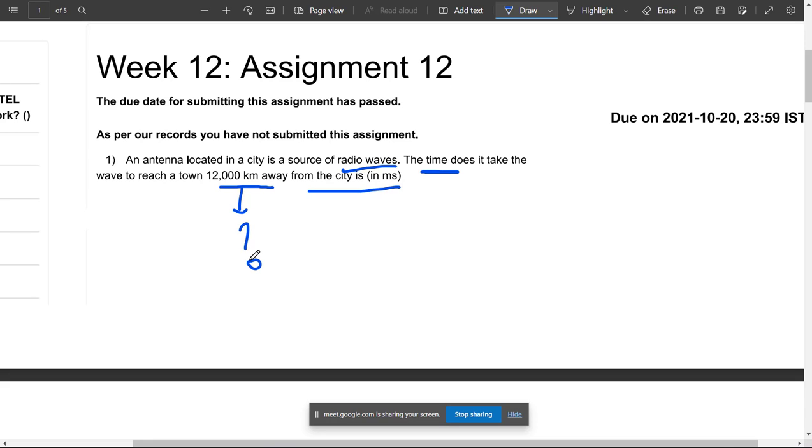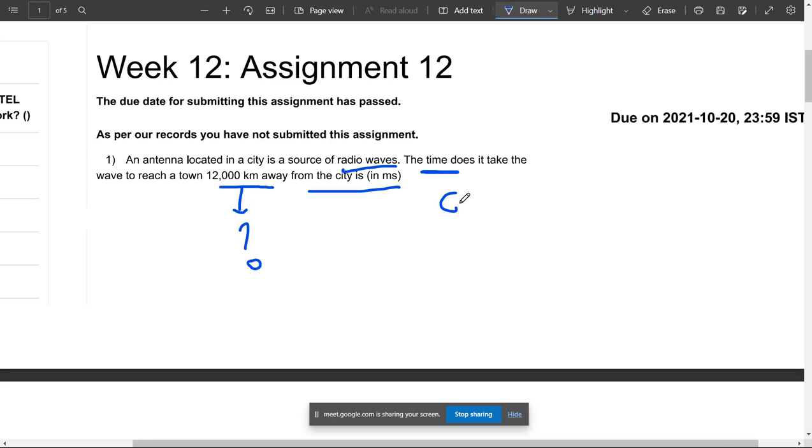So Gokul, can you tell me how to solve this question? What will be the speed of these waves? See, for the medium, if the medium is air, then the radio waves will be traveling with the speed of light.